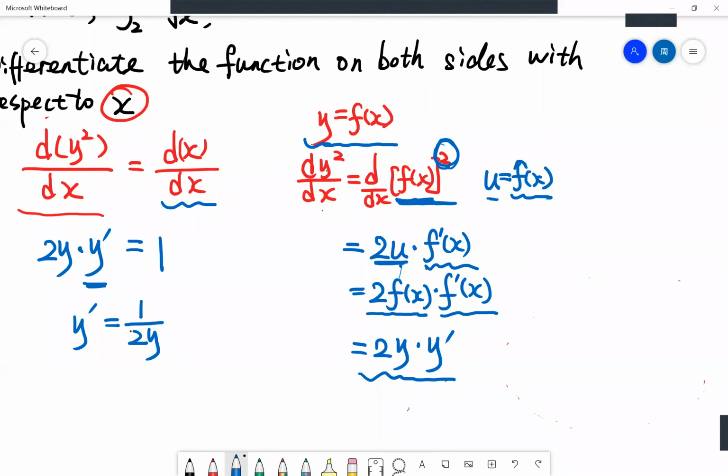So we got dy by dx equals 1 by 2y. For implicit functions, you have to remember this important thing: if you calculate the derivative of a function of y, don't forget to multiply by y prime. I will give you another example here.